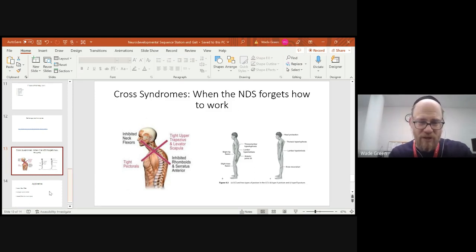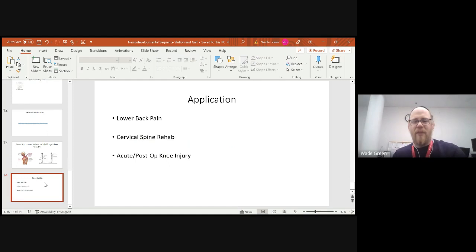Okay, guys, I know this is a very basic PowerPoint, potentially seemingly random, but this is a way for us to begin to think about how we would apply some of these neurological principles to rehabilitation. These are going to apply to things like back pain, the neck, and then acute post-op things as well in the later stages.